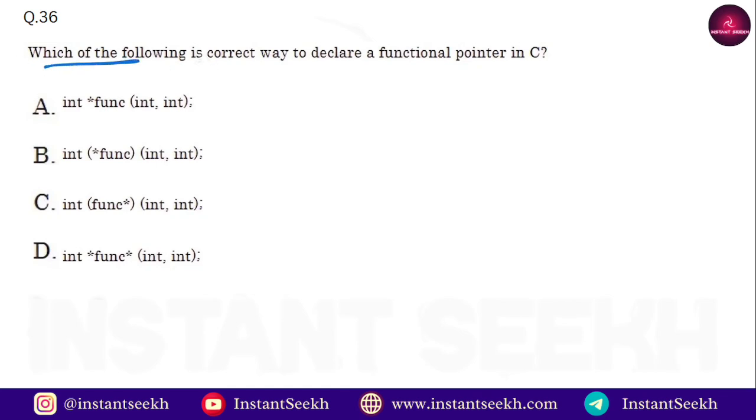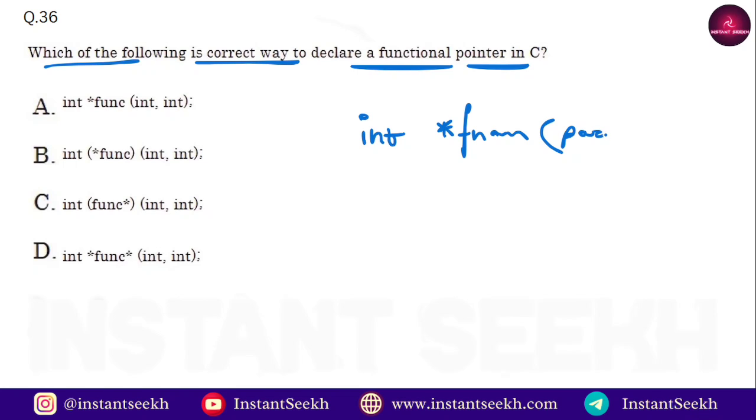Which of the following is the correct way to declare a function pointer in C? Out of these, what is the correct way to declare the function pointer? The correct syntax to be followed is your data type, then the pointer with the function name, that is f name, in parentheses, and then the data type parameters.